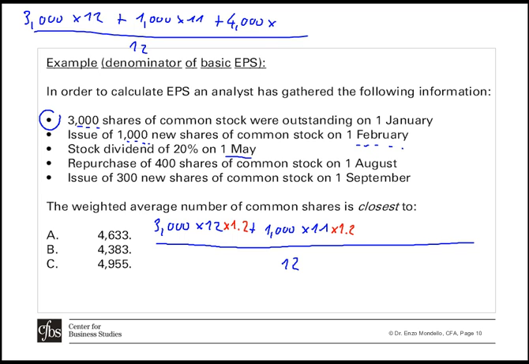You would multiply that with 20%, and then from 1st of May until the end of the year, we have 8 months, right? So times 8, and that would be a logical calculation. Let's put it this way, but that's neither US GAAP nor IFRS, so that's not how the calculation looks under the accounting standards. The accounting standards require us to retroactively restate the figures. That's important to know here.